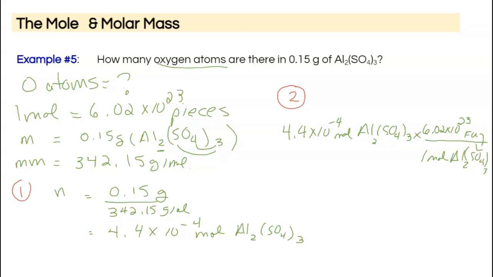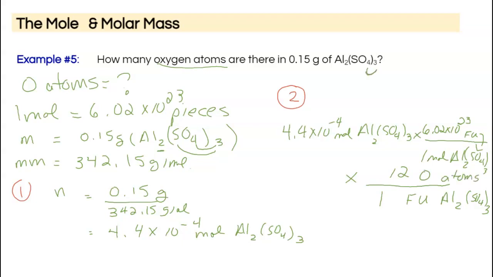If I stop there, then what I'll have is the number of particles of aluminum sulfate. That's not actually the question. The question is saying, how many oxygen atoms do I have? So I need to remember that for every 1 formula unit of aluminum sulfate, I actually have 12 oxygen atoms, right?